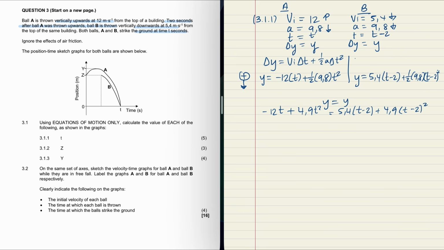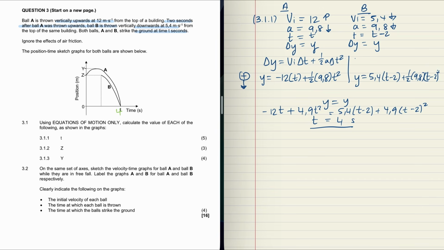Now from here, it's just a matter of simplifying and then solving. You can use your calculator as well. The calculator will give you t is equal to 4 seconds. So they both hit the ground at 4 seconds.